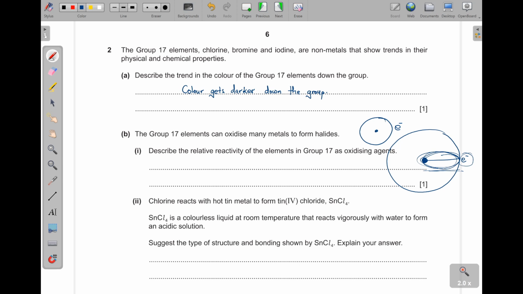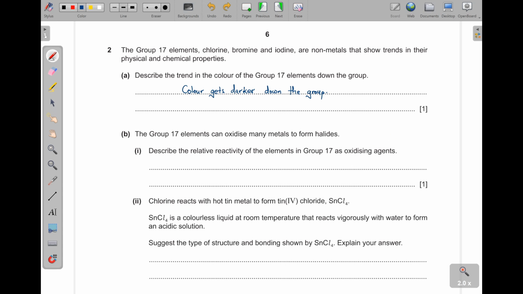But for these ones, like chlorine, the distance between the incoming electron and the nucleus is very small. So the nuclear attraction here is bigger. So it is easier for chlorine or fluorine to attract electrons. That simply implies that these ones up the group are stronger oxidizing agents compared to the ones down the group.